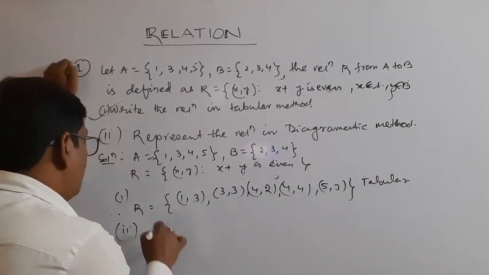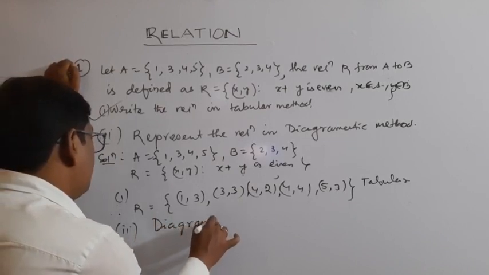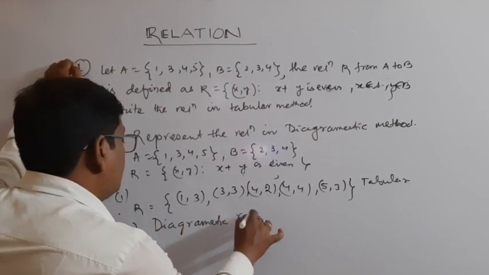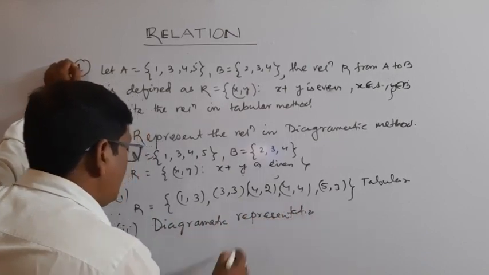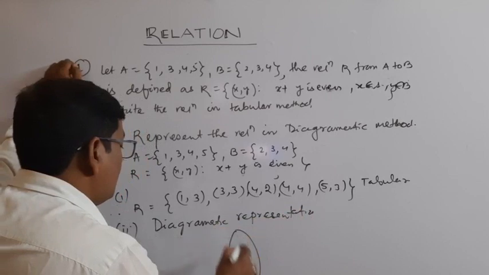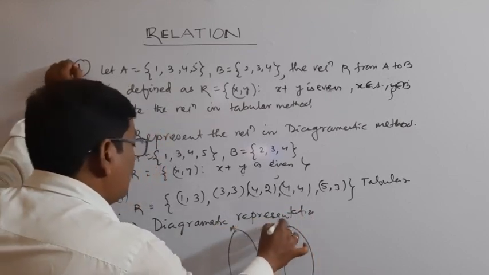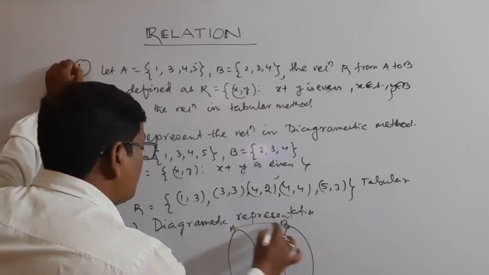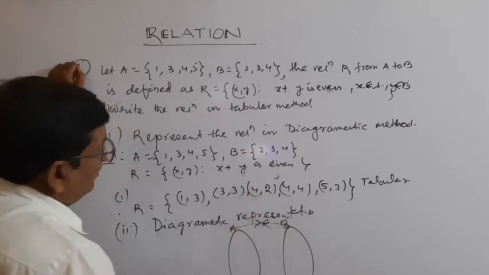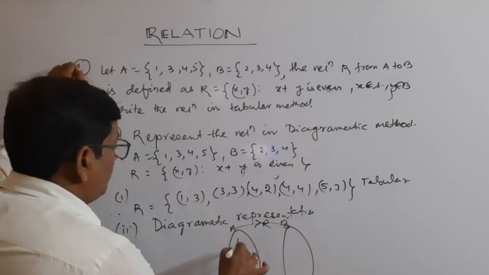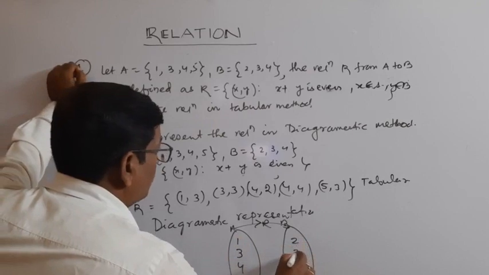For diagrammatic representation, write the sets as Venn diagrams here, this is A and this is B, relation R from A to B. So this is 1, 3, 4, 5 and 2, 3, 4.